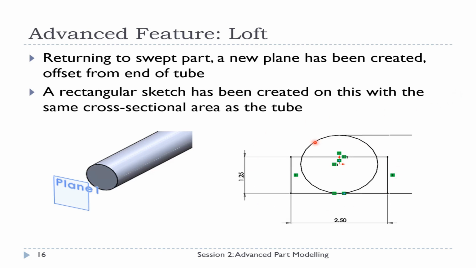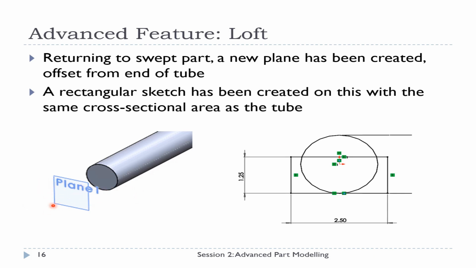So here is an example. So we have two different profiles here. We have a circular profile, and then we can define a plane from this end face at a certain offset distance, then create a rectangular profile on this plane.